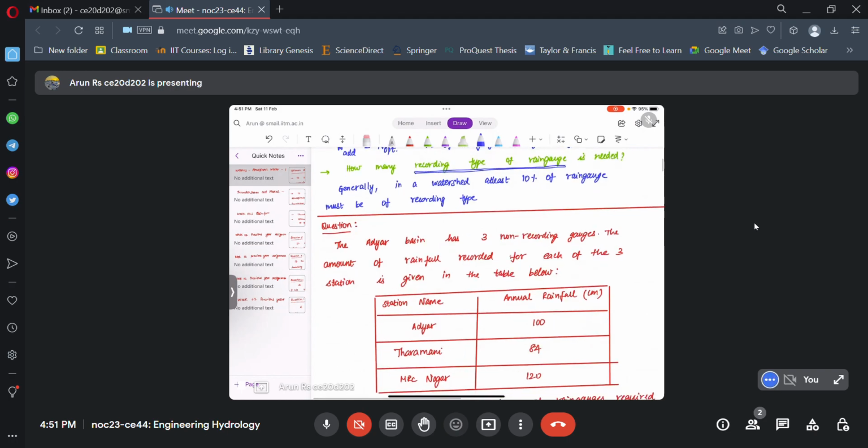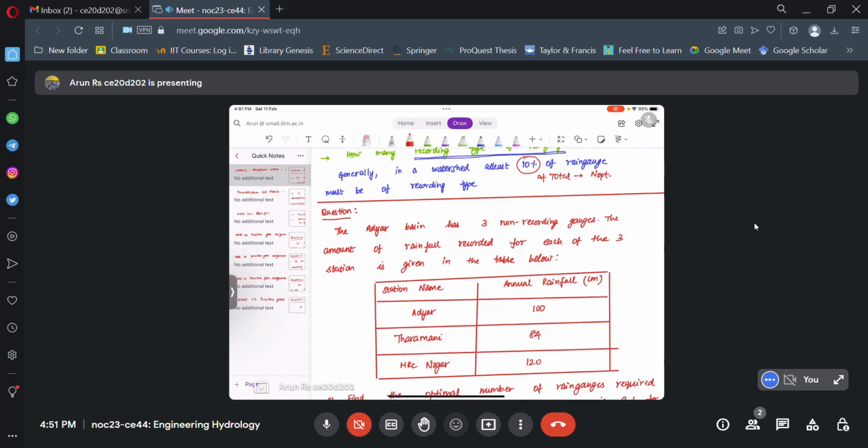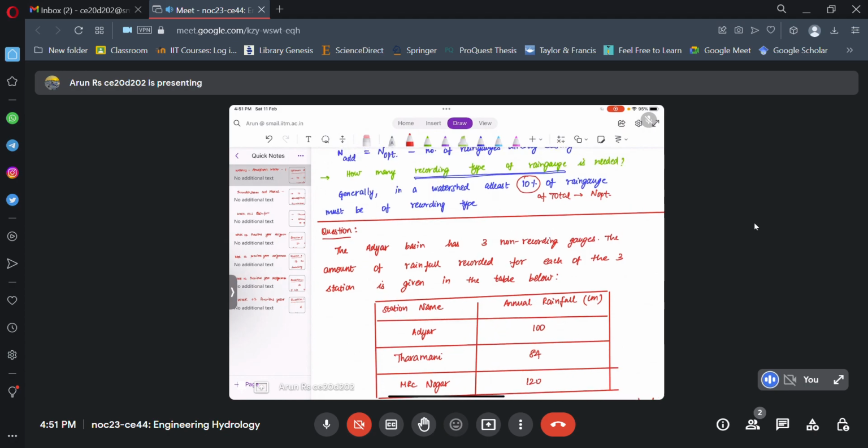Generally we need at least 10% of the total rain gauges, which means 10% of N optimal, to be of recording type, and we need to remember to always round off N optimal to a higher value.